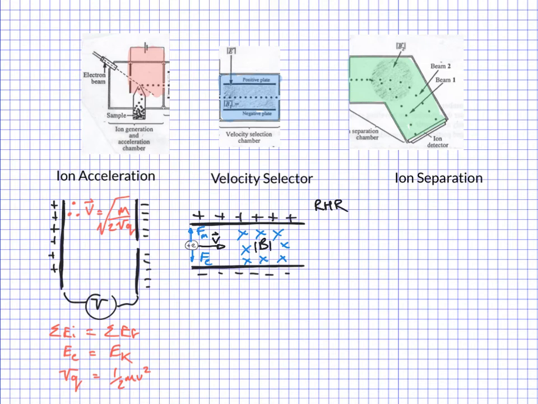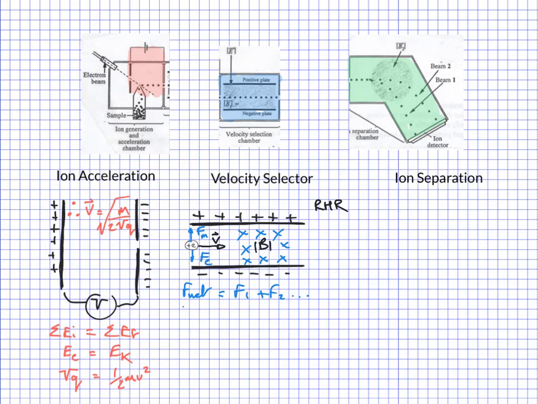What condition is that? Well, that's the condition whereby the force magnetic is equal to the force electric. If you wanted to start that off as an F net, that would be good practice, because F net is the sum of all forces. Now, in terms of it going up and down, it's neither going up nor going down, because it's perfectly balanced. And in terms of forces left to right, there's no forces left to right either, because it's going at a constant velocity.